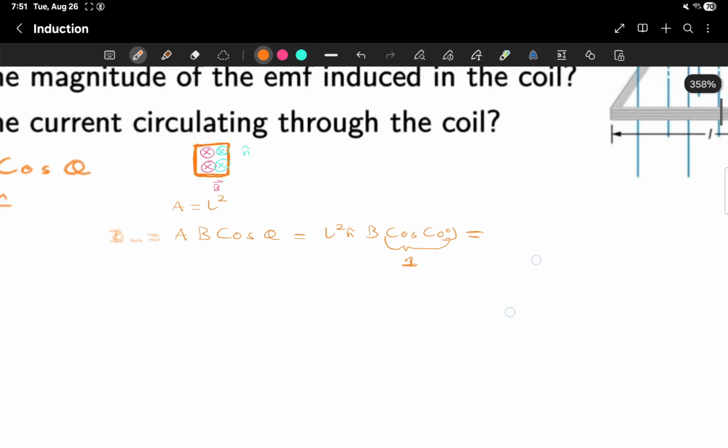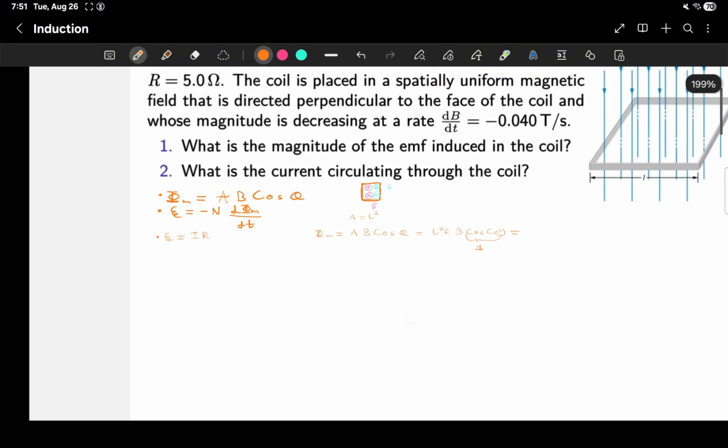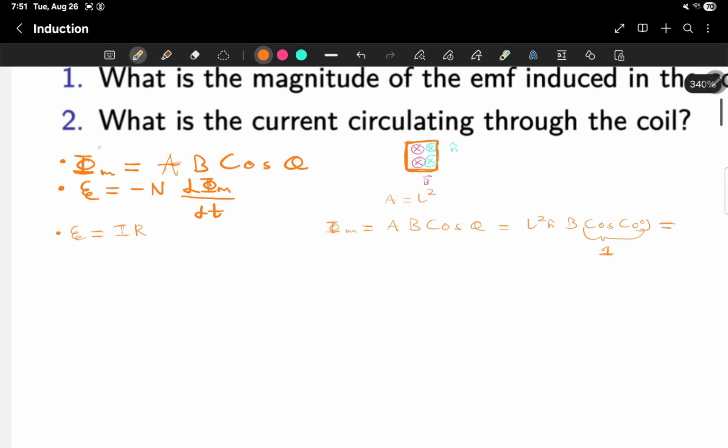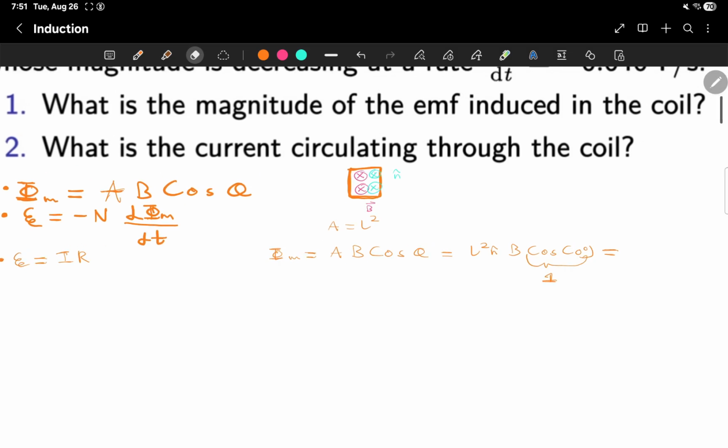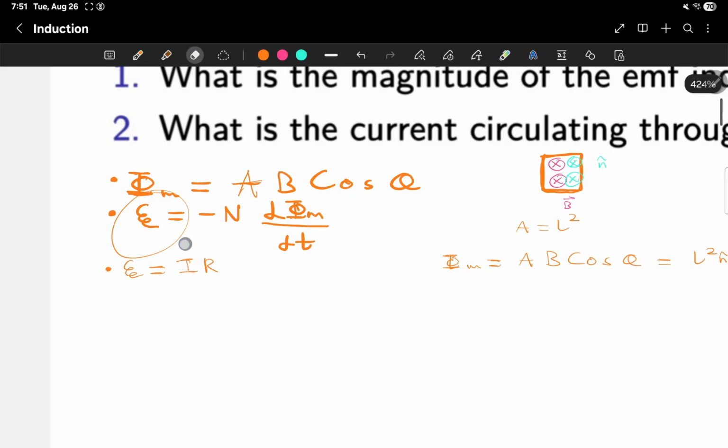So right now I'm not going to plug in the actual numbers. And here's why. I don't need to necessarily find the magnetic flux itself directly. I just need to find the EMF, and the EMF requires me to get the derivative of the magnetic flux, not the magnetic flux itself.